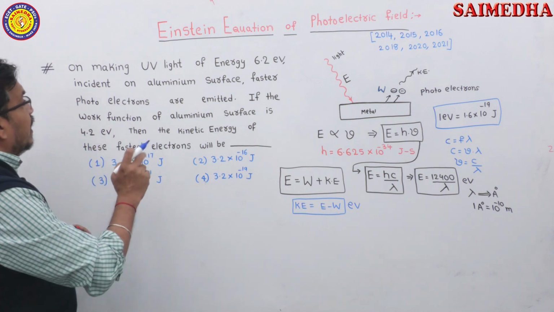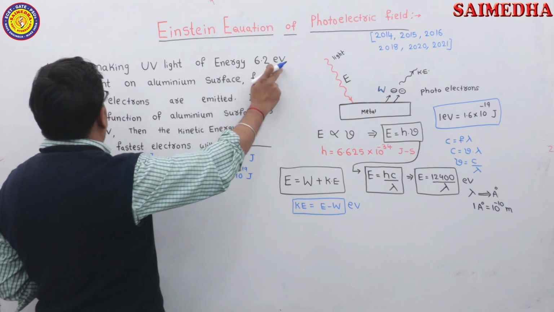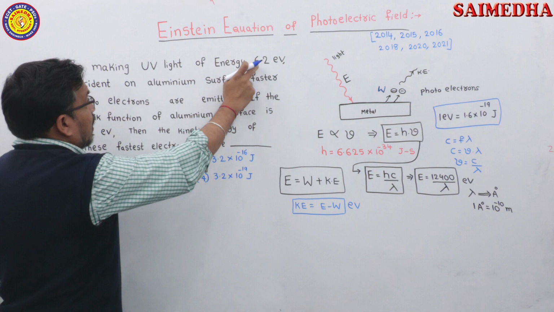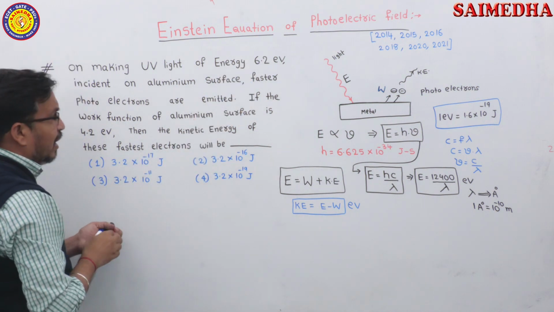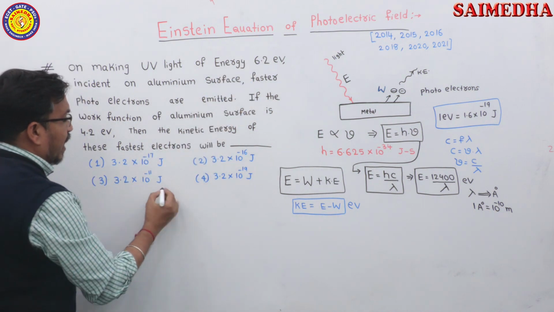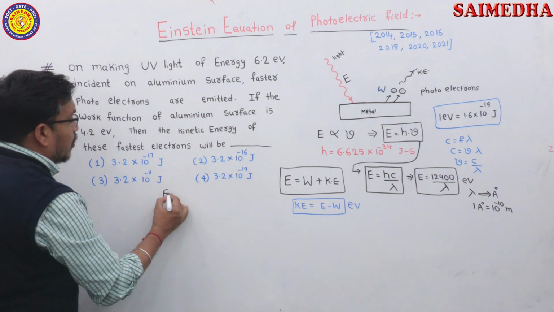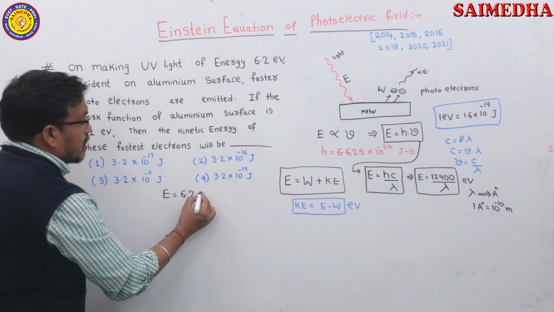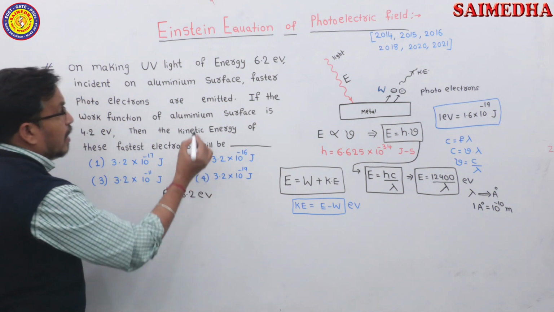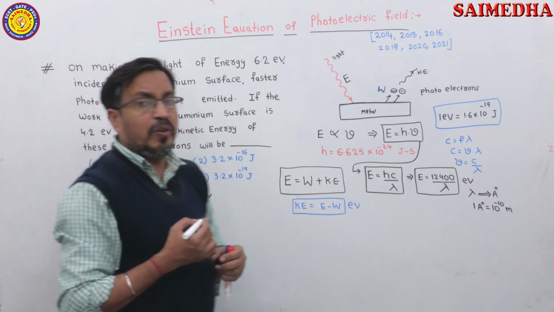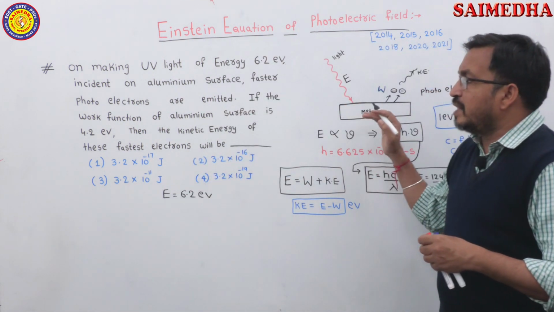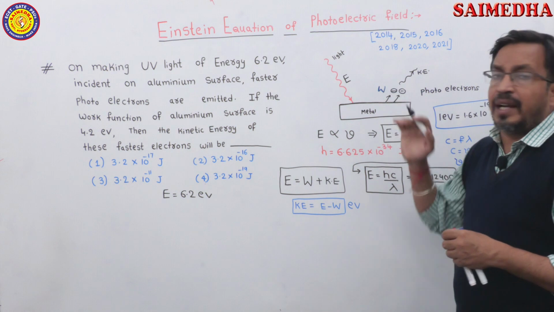See here, energy 6.2 electron volts is incident on the aluminum surface. So this energy I am writing here: E equals incident light energy, 6.2 electron volts. When the light is incident on the aluminum surface, electrons are emitted.